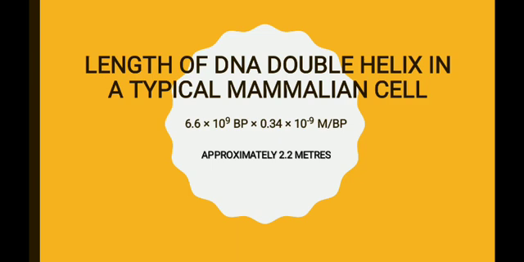The reason is the length is 2.2 meter, but the diameter is very less, just 20 angstrom, as I told earlier. So a very narrow but very lengthy DNA molecule is located within the nucleus by a special kind of packaging.